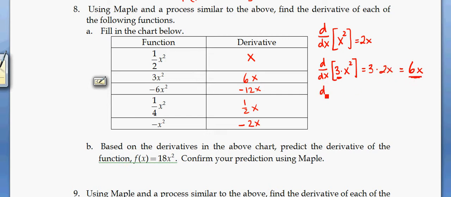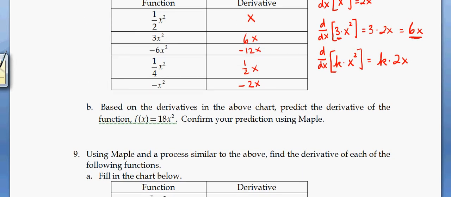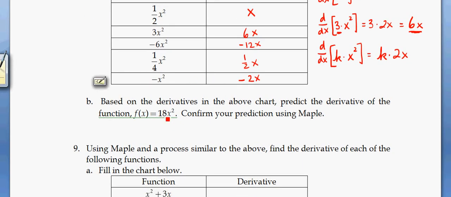So the point you're supposed to be getting from this, and hopefully again you did this on your own, is that if you have some constant times x squared, it really is just going to be that constant times 2x. So for part B here, if there's an 18 here, the derivative should be 18 times the 2x. In other words, you would get 36x.